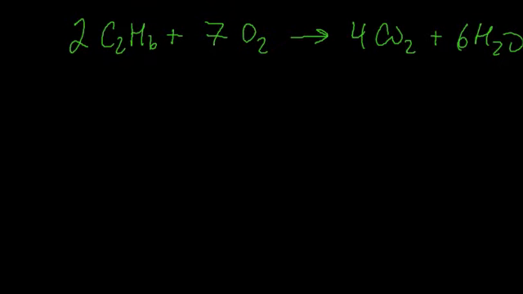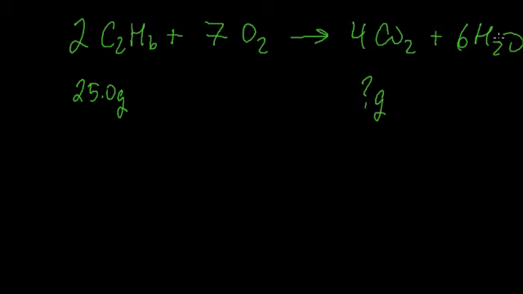Now let's say you have a problem where you're given a certain amount of one of the reactants. Let's say you're given 25 grams of ethane, and you want to know, let's say, how many grams of carbon dioxide do you get? Now this is what we call a mass to mass stoichiometric problem.